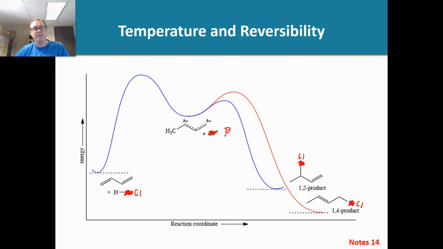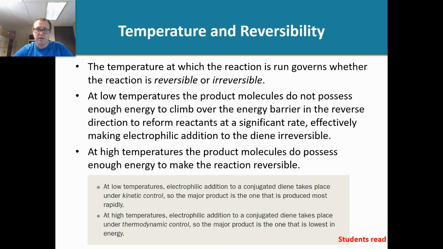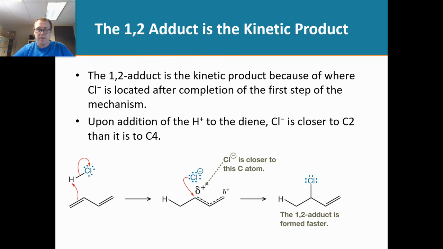When you increase the temperature, it makes the reaction reversible, which then allows the molecules to eventually get to the lower energy, more stable thermodynamic product. So this slide right here is just a summary of everything that I just said.